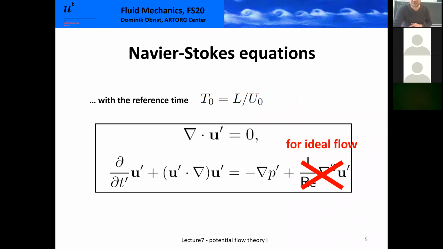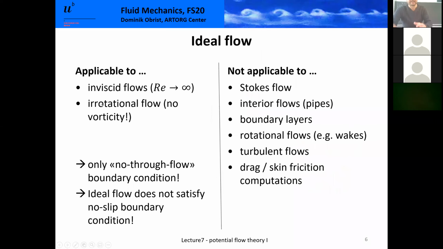But let me, to strengthen the concept of this potential flow, just summarize what we're actually now doing. This was just the introduction. Now let's look at what this ideal flow or potential flow is actually good for. So ideal flow is a synonymous term for potential flow.